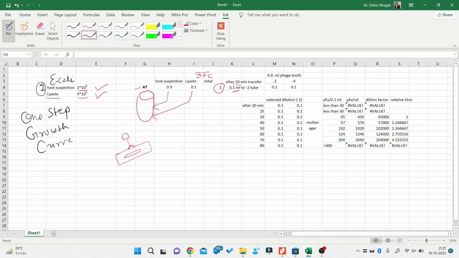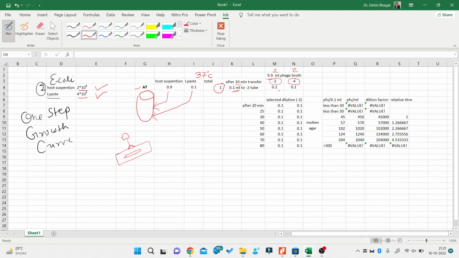During these 10 minutes, you have to prepare more tubes, tube 1 and tube 2, each containing 9.9 ml of phage broth, that's T broth. Label one 10 raised to minus 2, and the other 10 raised to minus 4. In tube 1, add 0.1 ml from the adsorption tube.